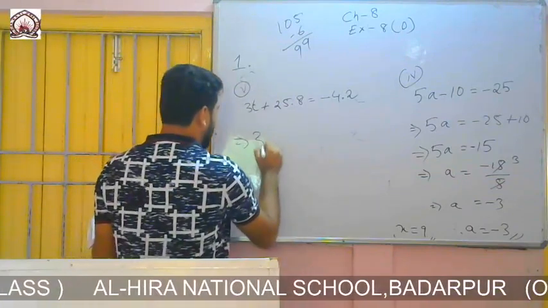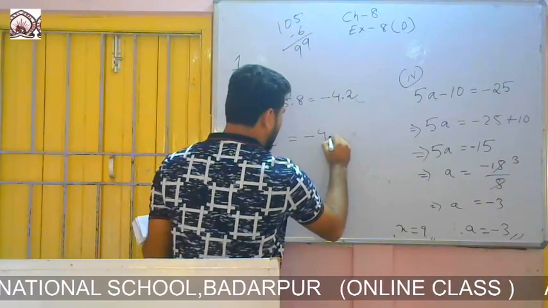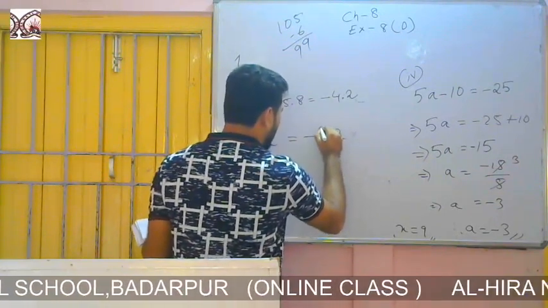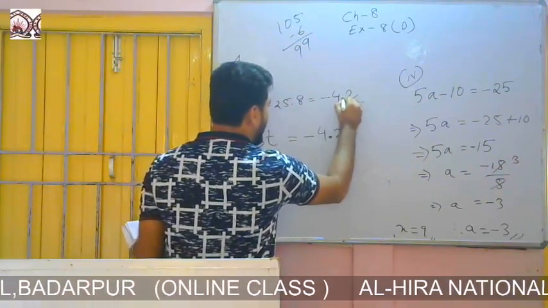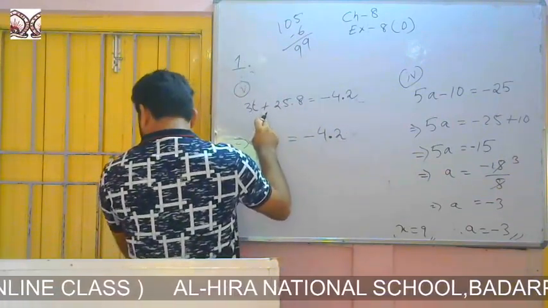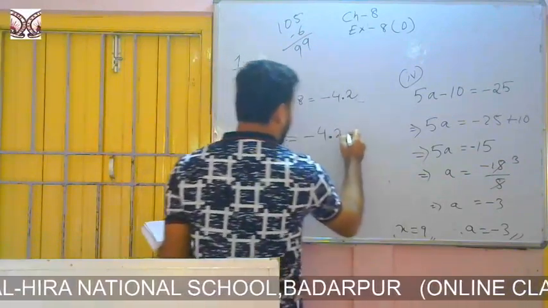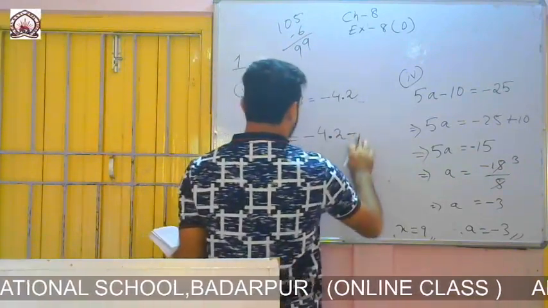So write 3t equals minus 4.2 minus 25.8. Here it is plus, so it will become minus here.